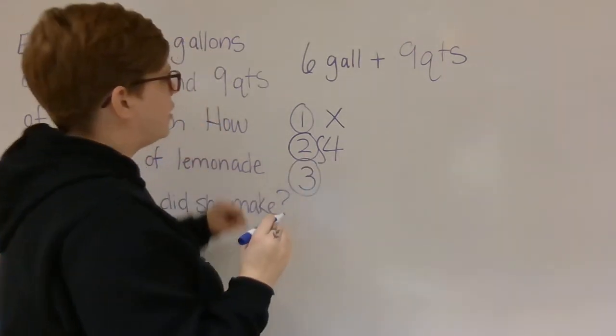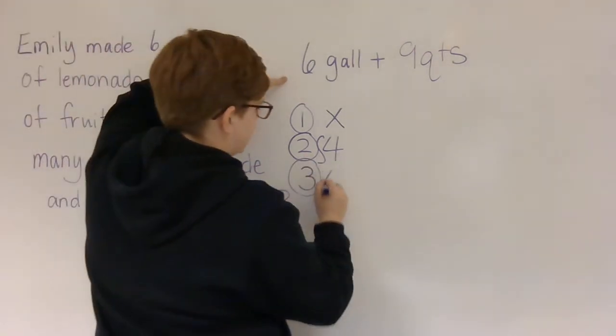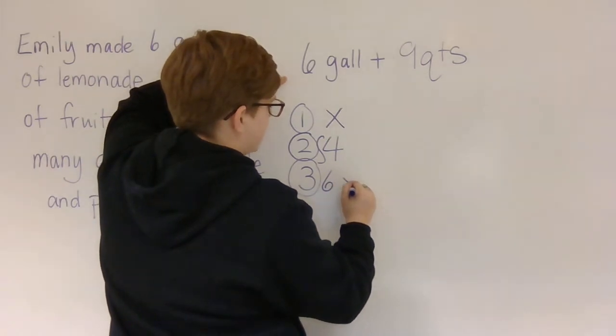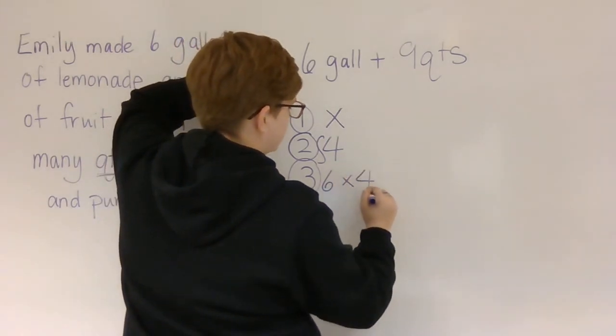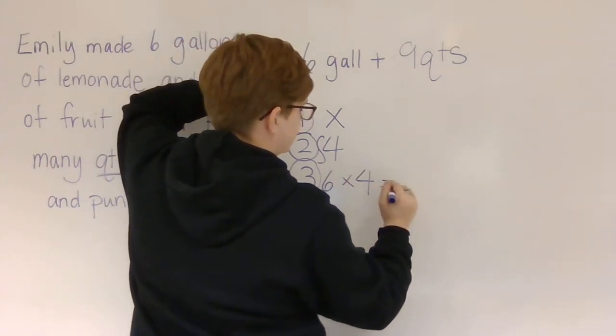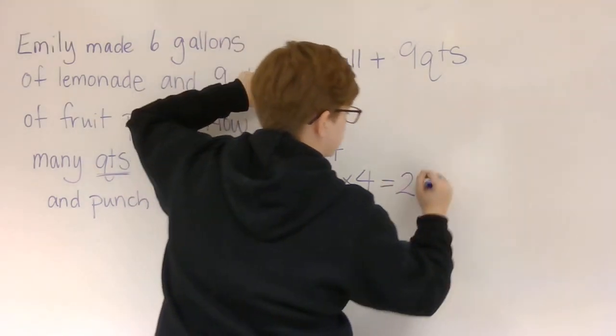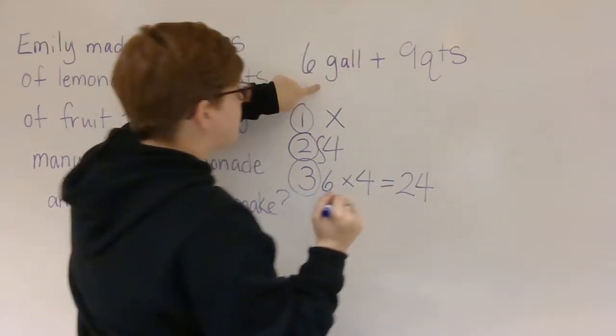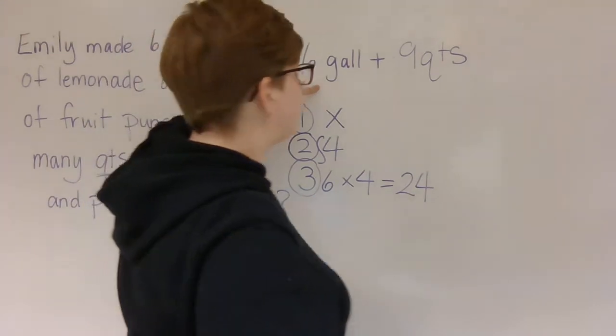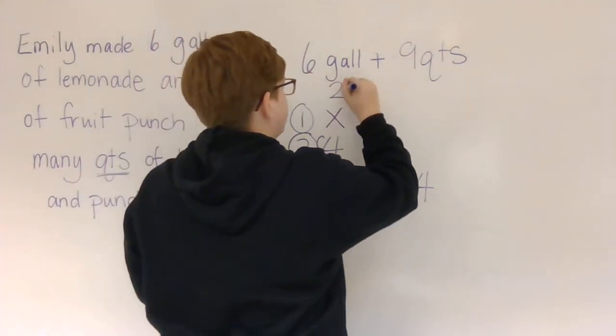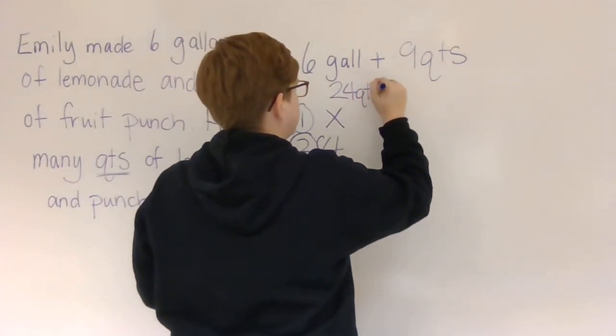And now I'm just going to go down. So 6 gallons times 4 quarts equals 24. So 6 gallons is 24 quarts.